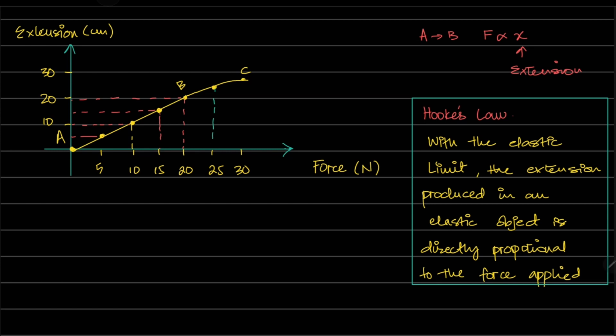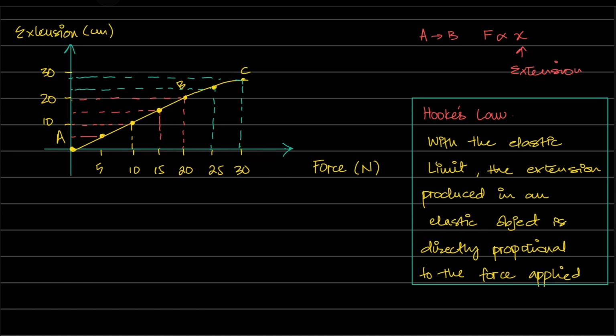When we increase the force by 5 newtons, you will see maybe an extension of 4 centimeters, so it goes from 20 to 24, maybe 23 and so on. Then from 25 to 30, when you increase your force to 30 newtons, you will see an even smaller amount of extension, about 2 centimeters of change in the length, right?